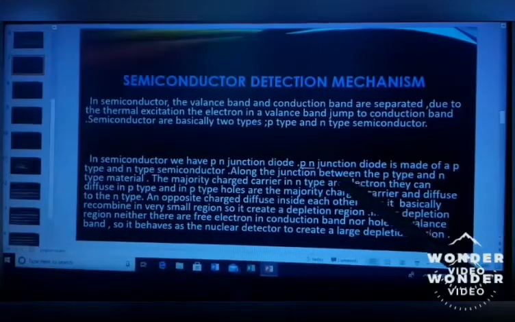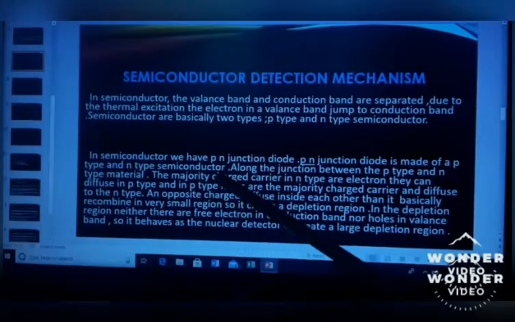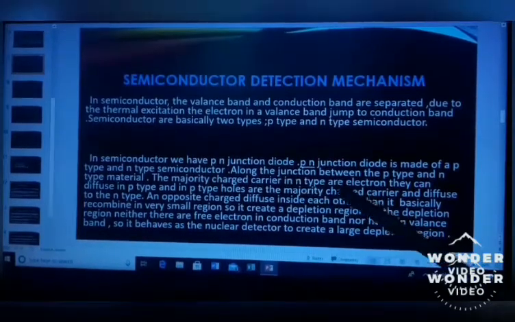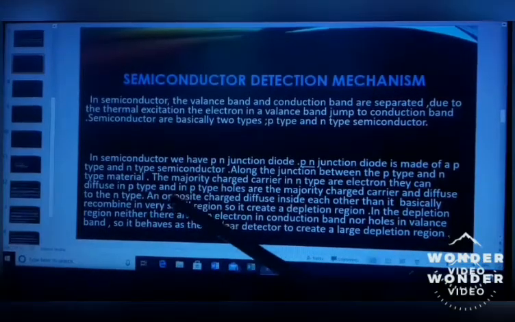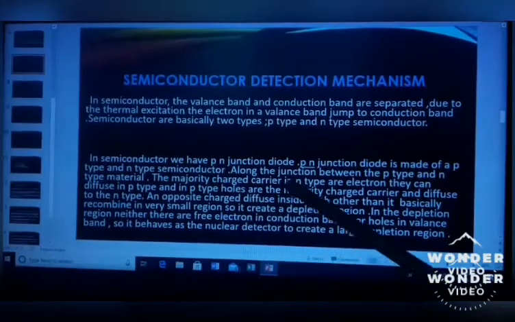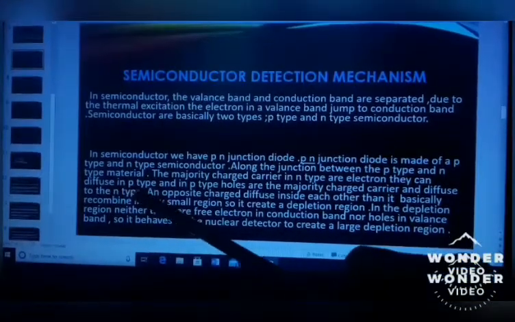Along the junction between the p-type and n-type material, the majority charge carriers in n-type are electrons. They can diffuse into p-type, and in p-type, holes are the majority charge carriers and diffuse to the n-type.